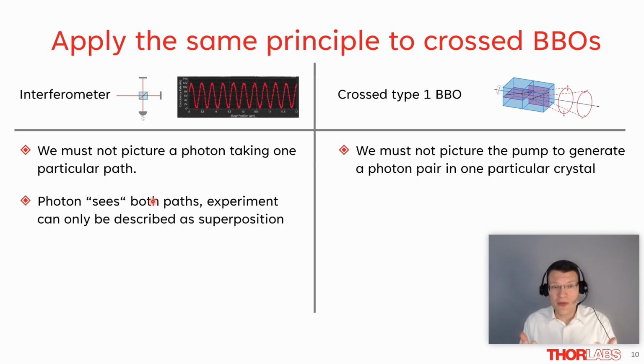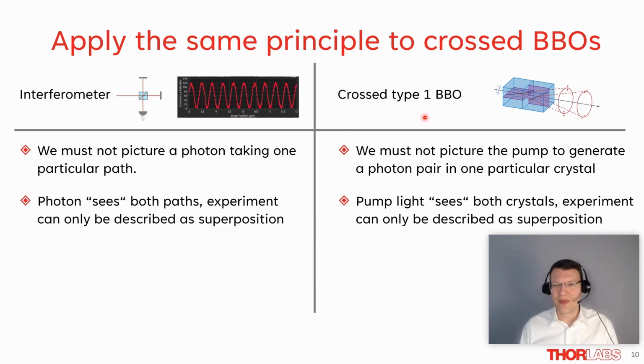I can't describe the experiment without the superposition of both paths. And the same is true for the cross type 1, meaning my pump light basically sees both crystals at the same time, and I can only describe the outcome of my experiment when I think of this as a superposition of photon pairs being created in one and photon pairs being created in the other crystal.